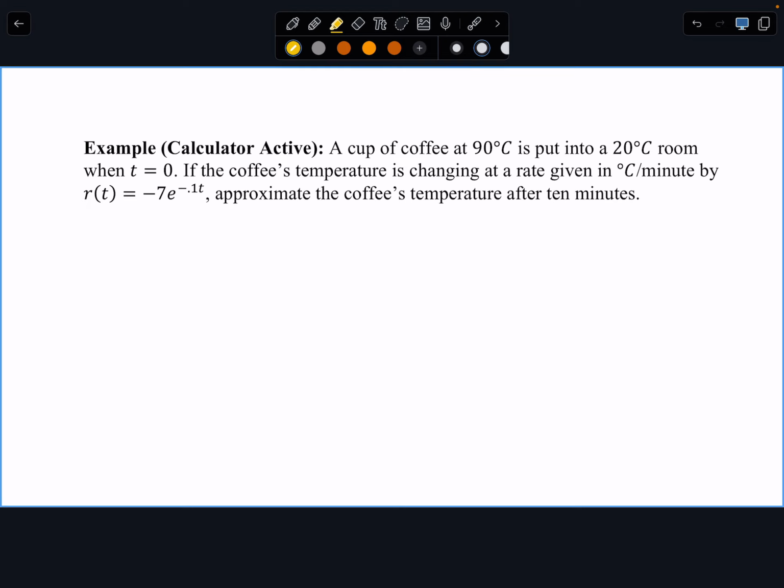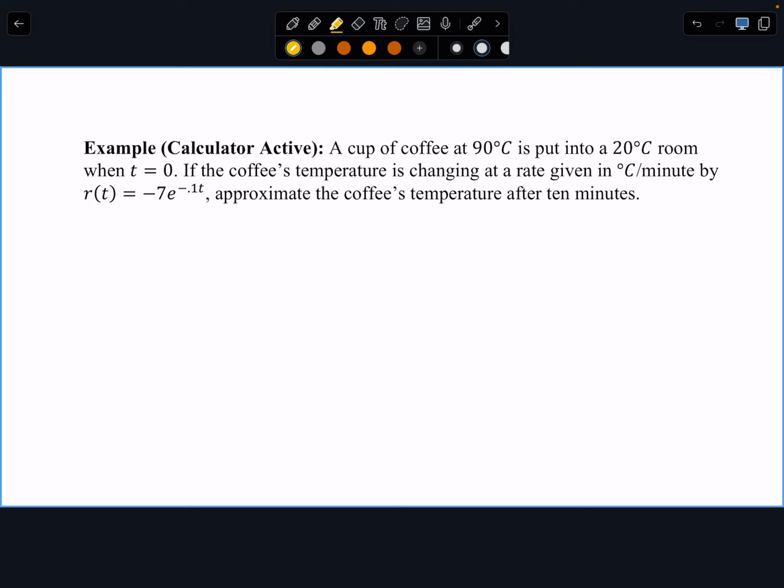Okay, so a hot cup of coffee at 90 degrees Celsius is put into a 20 degrees Celsius room when t is equal to 0.